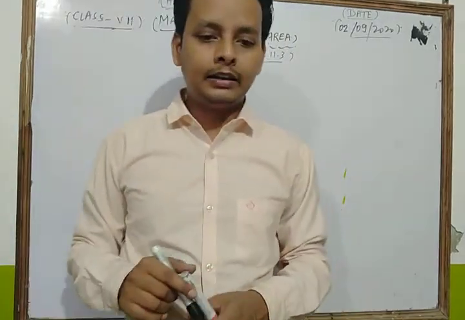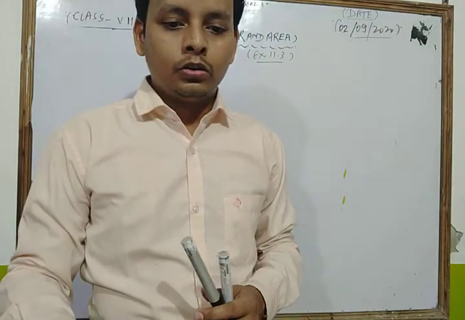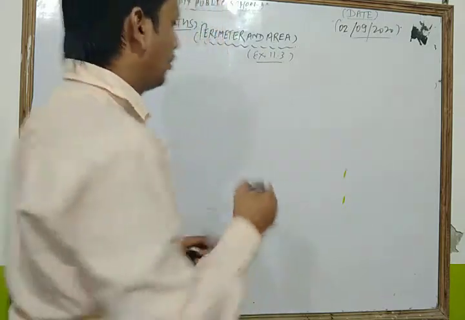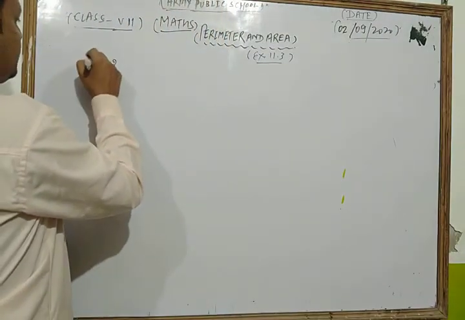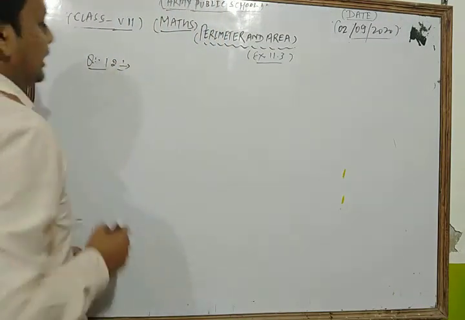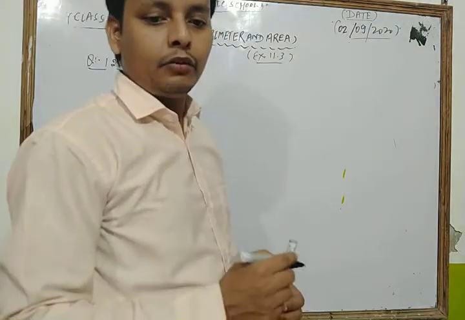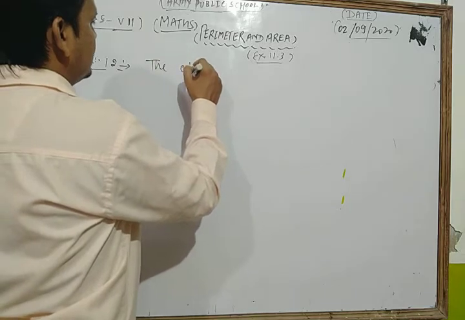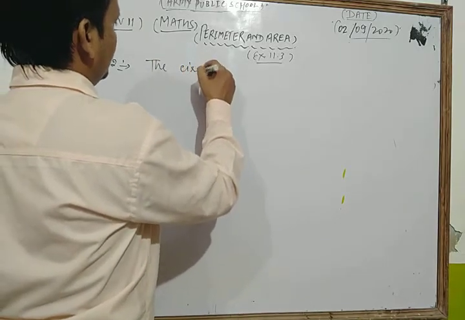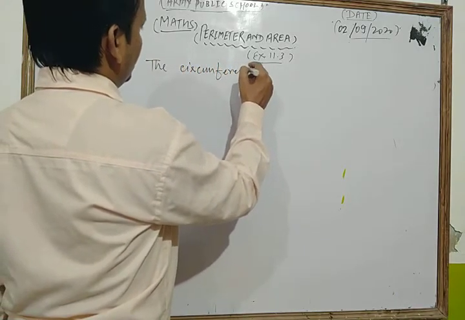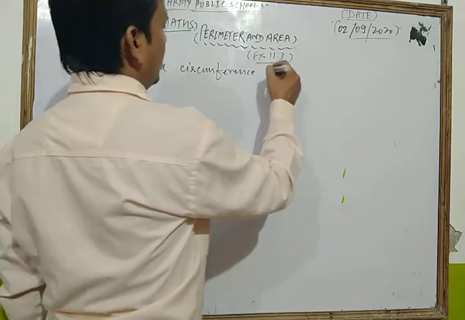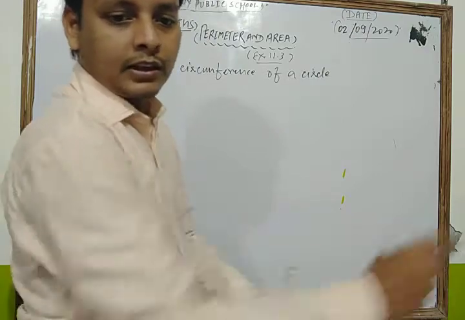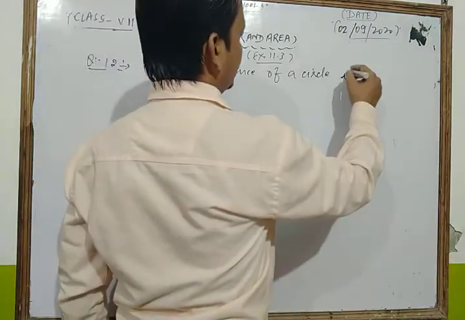Okay, now let us solve the questions of your NCERT. We take question 12 of that exercise, which is very important for you. Let's see your question: the circumference of a circle is 31.4 centimeter.